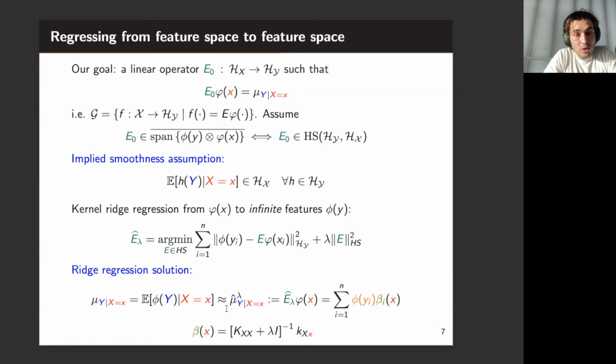The estimator of the conditional mean embedding, mu hat, is the composition of E hat, the solution of our previous problem, with the feature map of X. This can be written as a weighted sum of the targets phi(y_i) with some coefficients beta_i(x) that are exactly the same as for scalar-valued regression. The only thing that changes here is the target, which was previously a scalar and is now potentially an infinite dimensional vector.